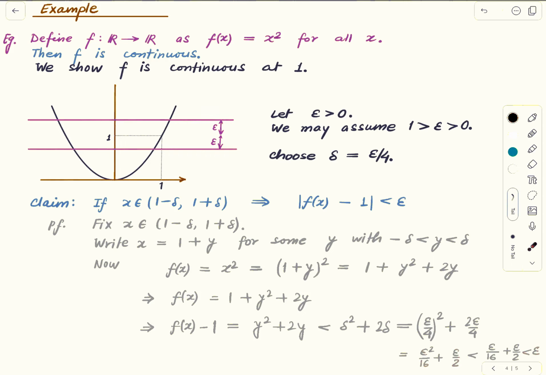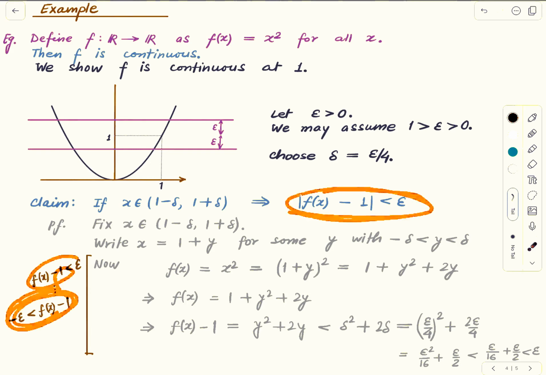So what have we done? All this reasoning shows that f of x minus 1 is less than epsilon, and similarly one can show this is greater than minus epsilon. Okay, by a similar argument you can show this, and if you combine this with that, you get that.